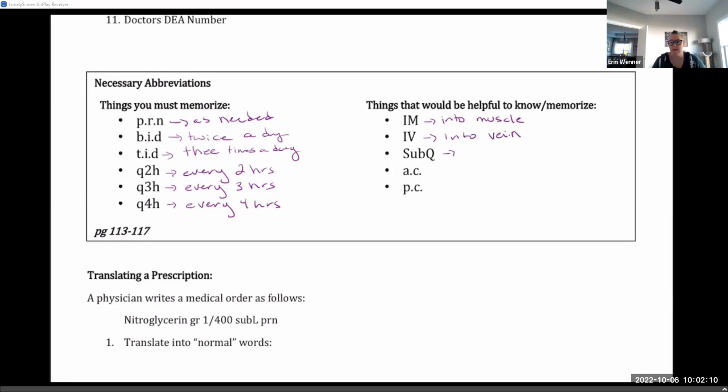So that would be into the subcutaneous tissue. AC means before meals. And PC means after meals.